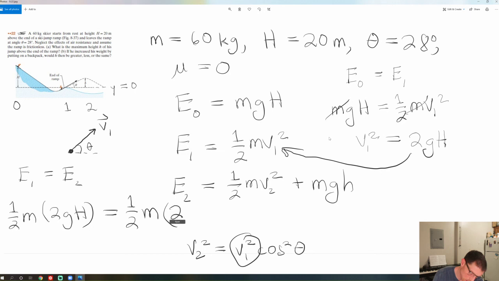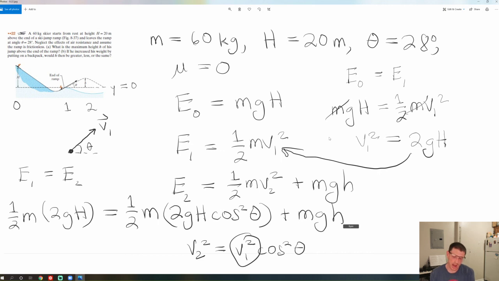So this becomes 2g big H cosine squared of theta, and then plus mgh. Now, what we'll find when we go through, and I'm going to maybe write this one more time, and get rid of this thing down here, is we can probably see that the masses will just go away, right? Because there's a mass common to each term in this equation that we've written.